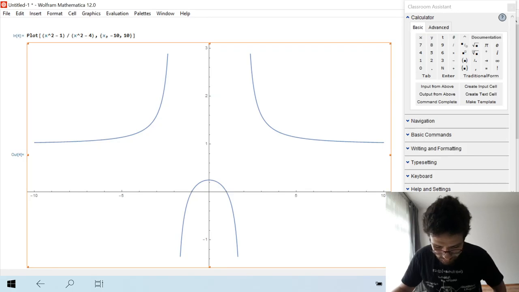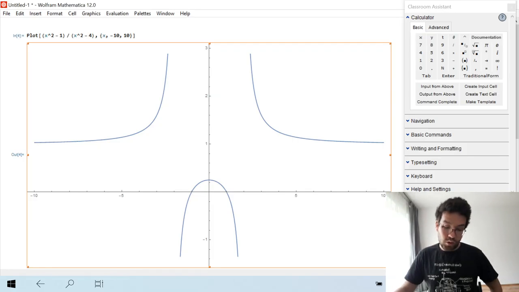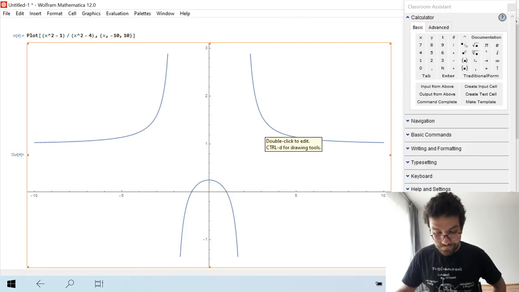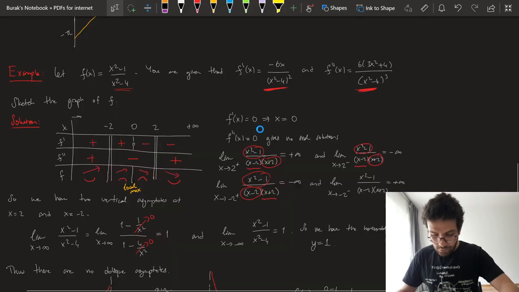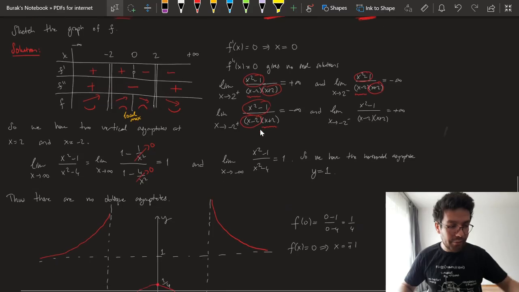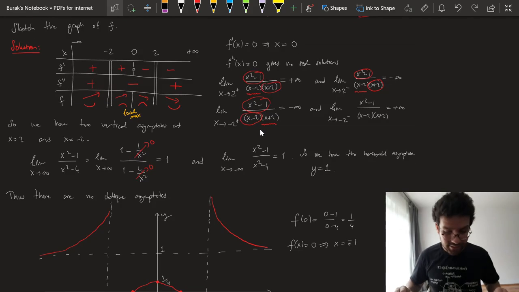At 2 and minus 2 you see two vertical asymptotes, and you see this horizontal asymptote y equals 1, okay? So this is the graph of this function, okay? Now, one final example, and then we're gonna stop.